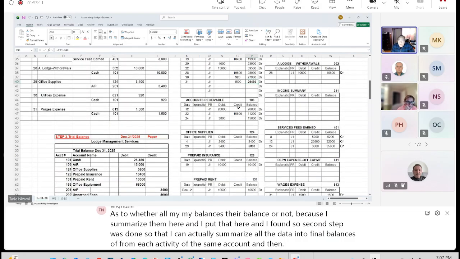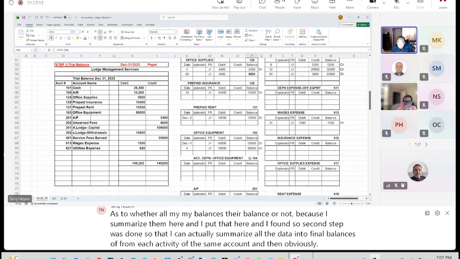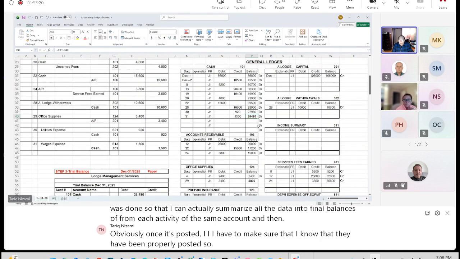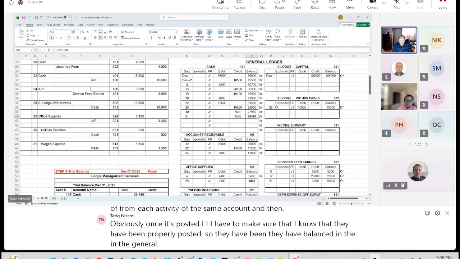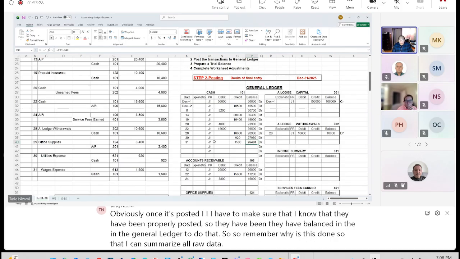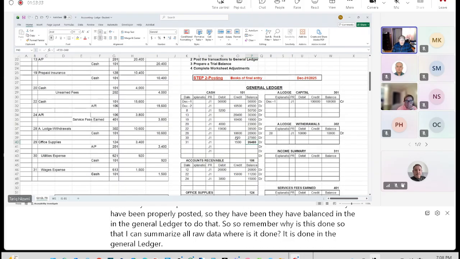And then obviously, once it's posted, I have to make sure that they have been properly posted, so they are balanced in the general ledger. To do that, remember, why is this done? So that I can summarize all raw data. Where is it done? It is done in the general ledger. How is it done?